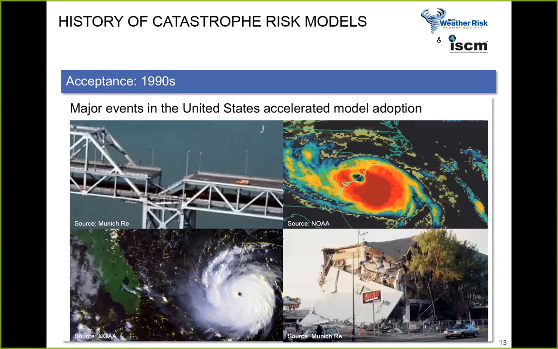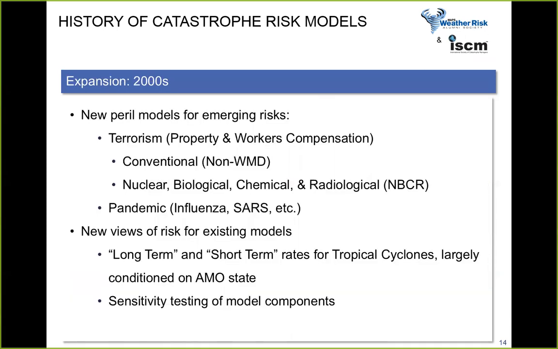They were useful in both predicting what might happen and accumulating exposures, and these models became widely accepted within the insurance industry. So by the start of the new century, the models were pretty much accepted, ingrained within the insurance and reinsurance world, and we saw the expansion and more options for these models.